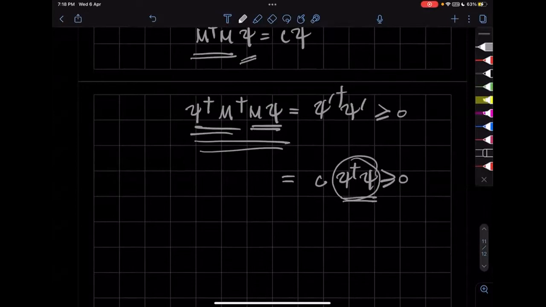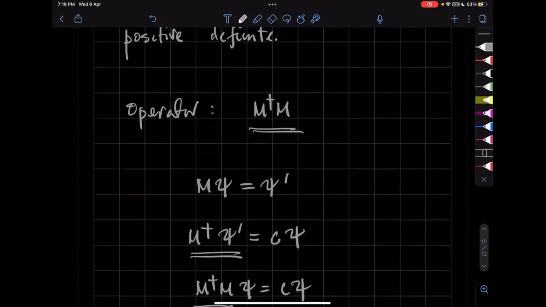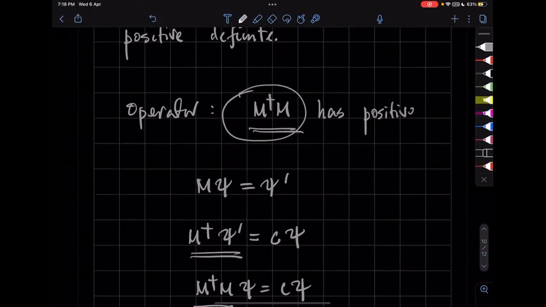So this means that C is zero or positive. Thus we have seen that any operator which has this form has positive definite eigenvalues. Okay, is that clear?